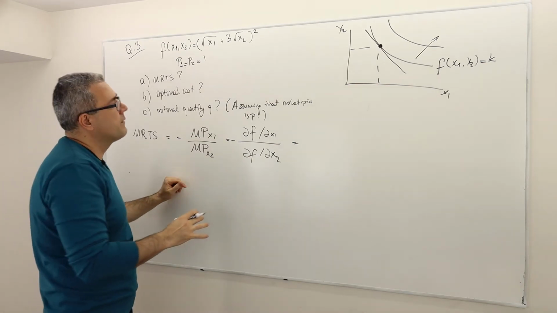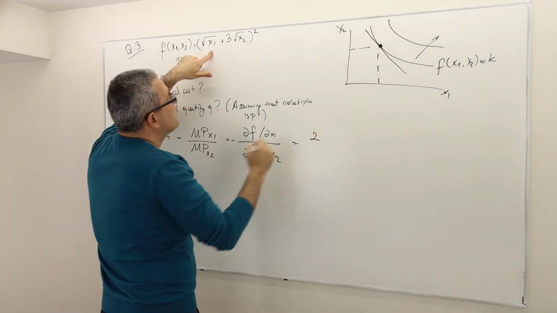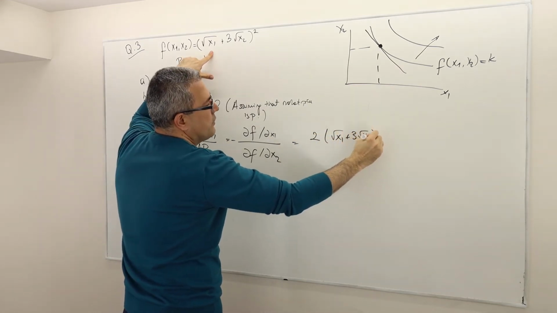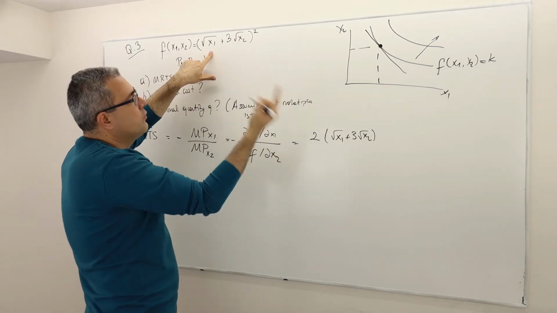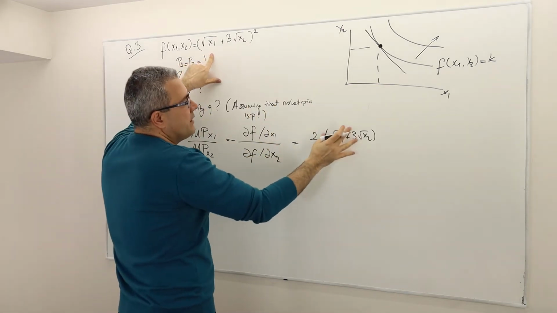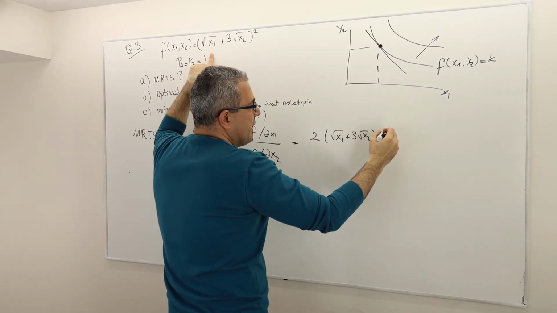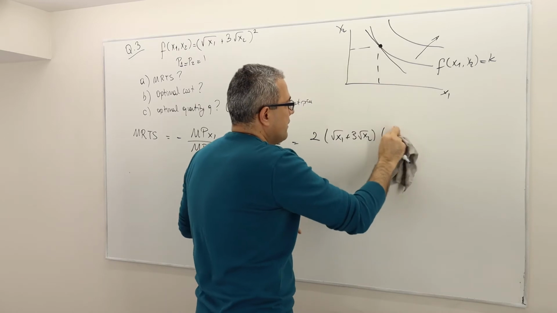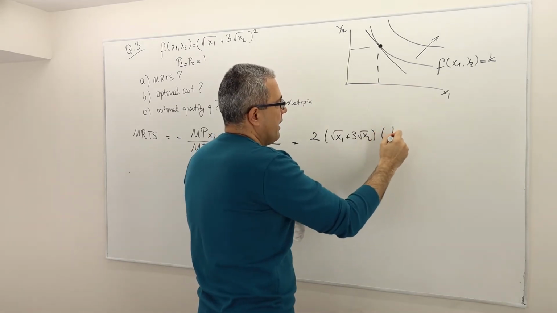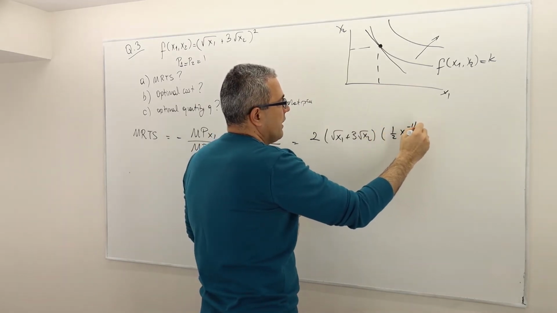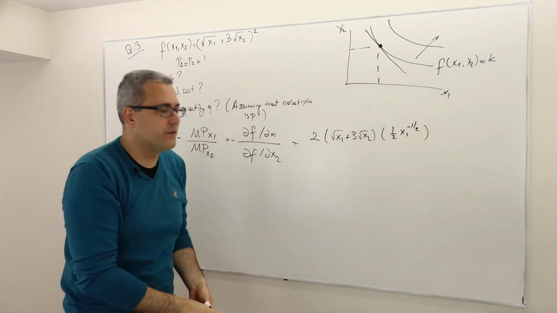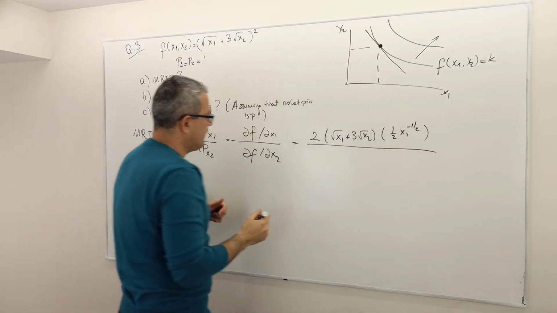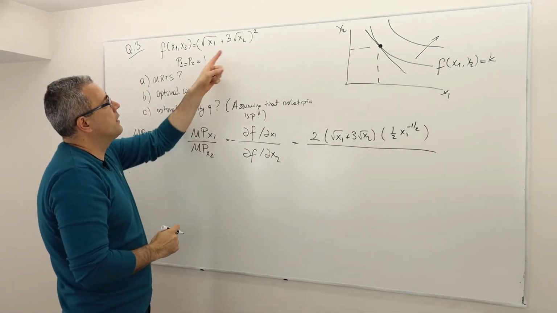Let's see. So 2 times (square root of x1 plus 3 square root of x2) to the power 2 minus 1, so 1, times the derivative of the inside, which is 1/2 x1 to the minus 1/2. That's it, because the derivative of 3 square root of x2 is 0. What is the marginal productivity of input 2?